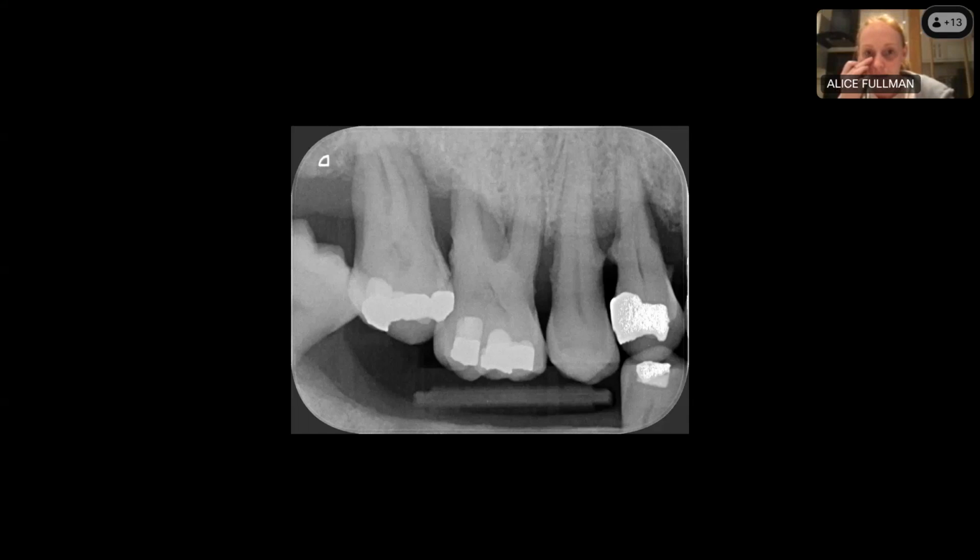How many roots do upper molars have? 3. Yes. And how are they positioned?